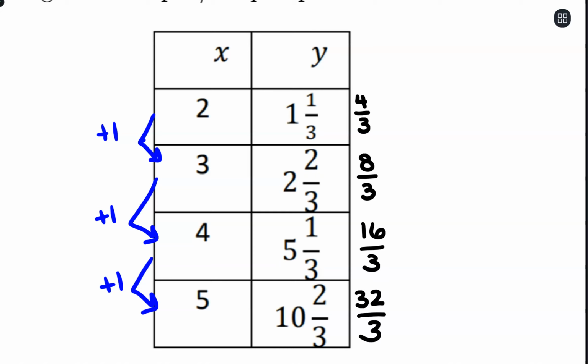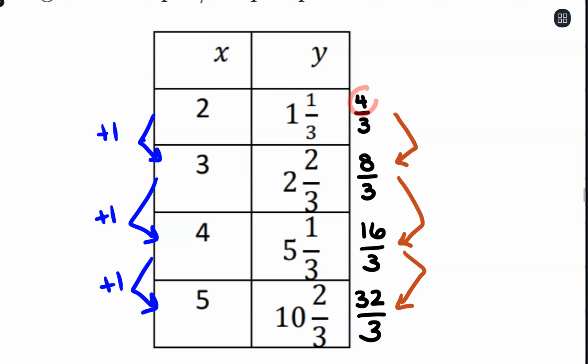All right, so now let's evaluate how it's changing. What we could do is start by seeing if we could get addition to work. So 4/3 to 8/3, I would have to add 4/3. 8/3 to 16/3, I would have to add 8/3. So the addition changes. So it's not linear.